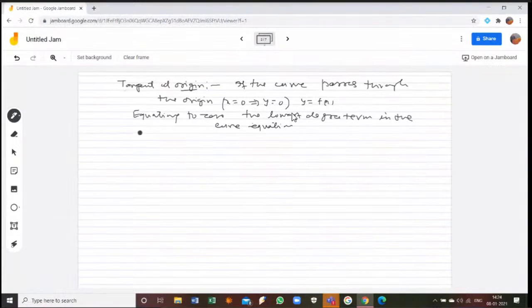Suppose the equation y is equal to f(x) is of degree higher than 1. Suppose if it is 1, then it will be either x is equal to 0 or y is equal to 0. So this will be the tangent only.